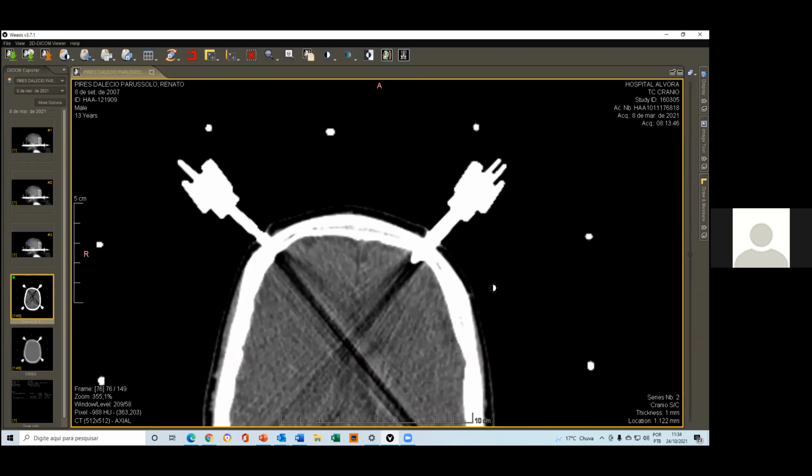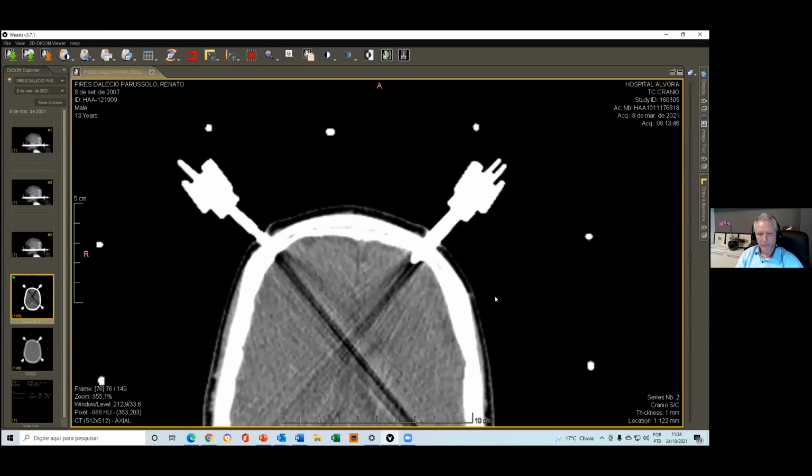Can I make a comment here, Arthur? Sure, go ahead. I presented my learning curve case with a young girl with a bone fracture, and I got the screw into the corpus callosum, and that was a little bit the same thing. I realized after the surgery that something had happened, but then it was my third case.